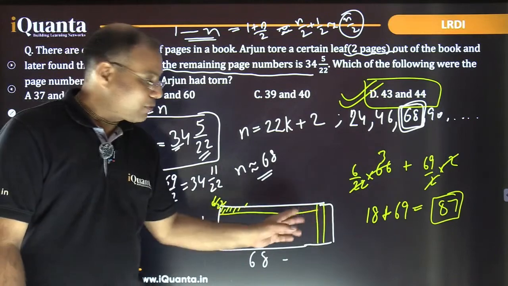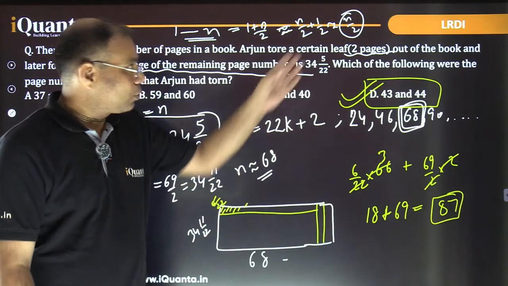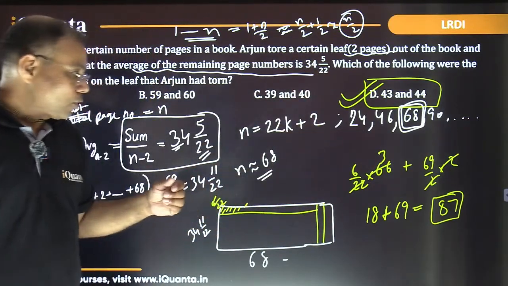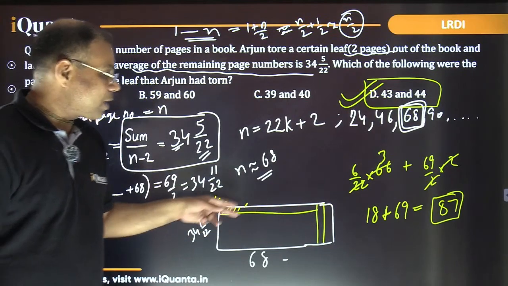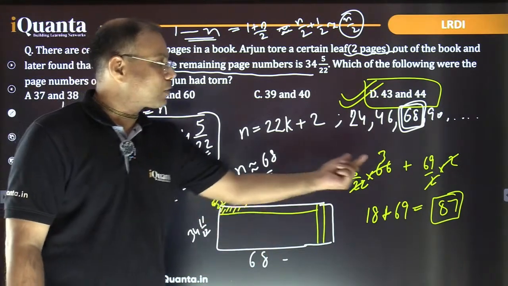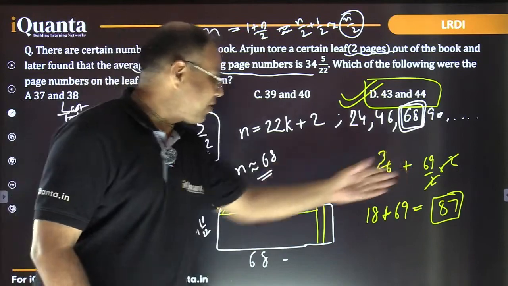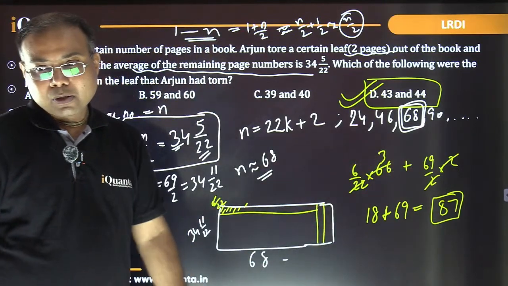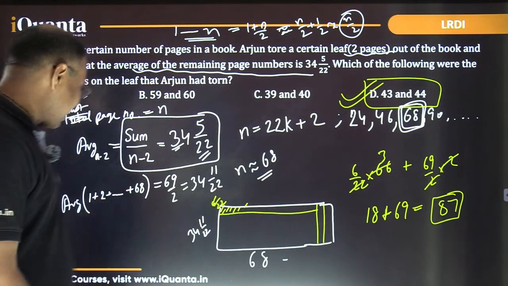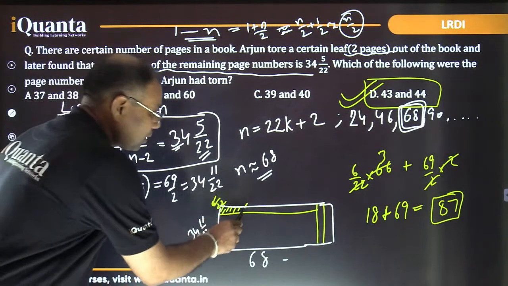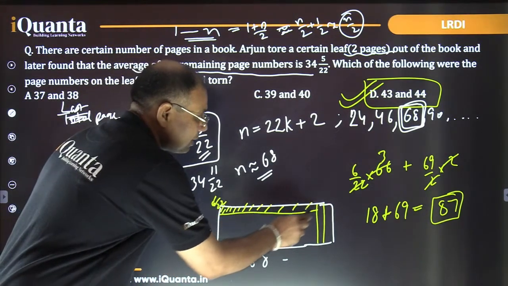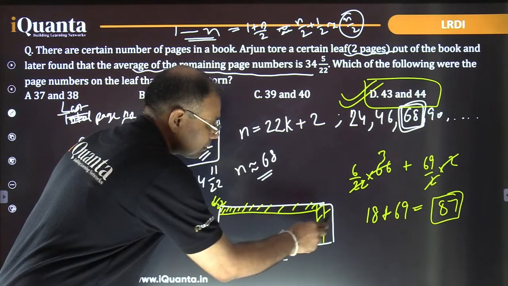So these two numbers which have been taken away, the two page numbers which have been torn off, they are taking away 6 by 22 from the remaining 66 numbers also, other than the average which they have used on their own. So the total sum of those two page numbers must be this total, right?